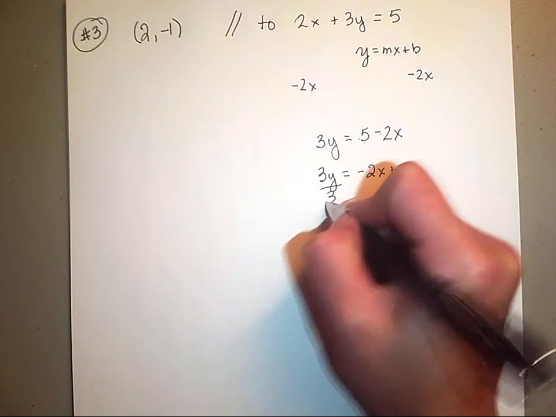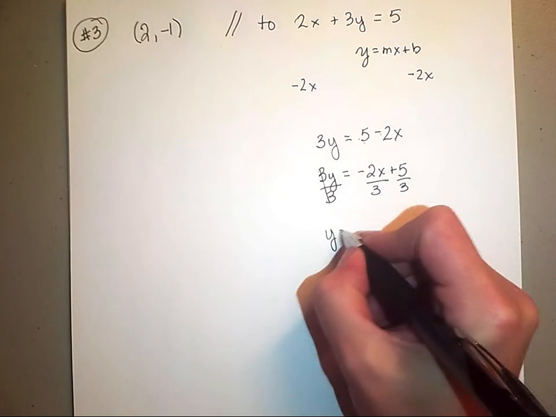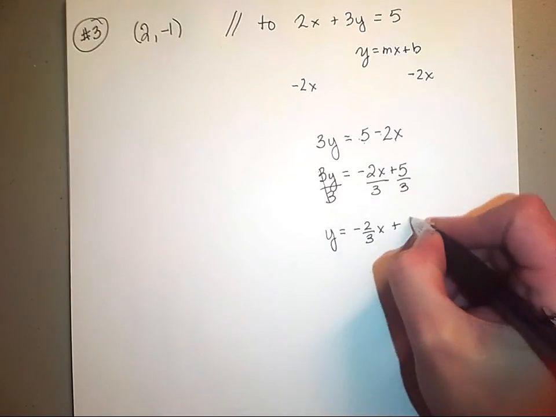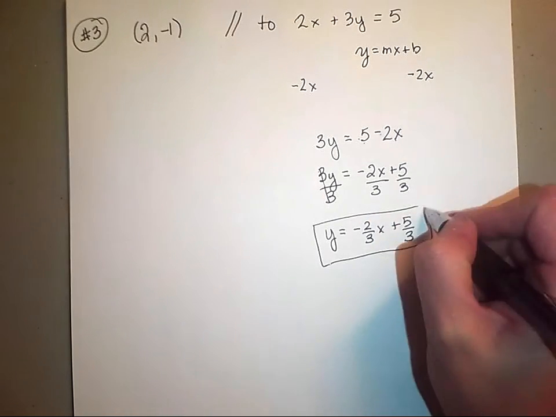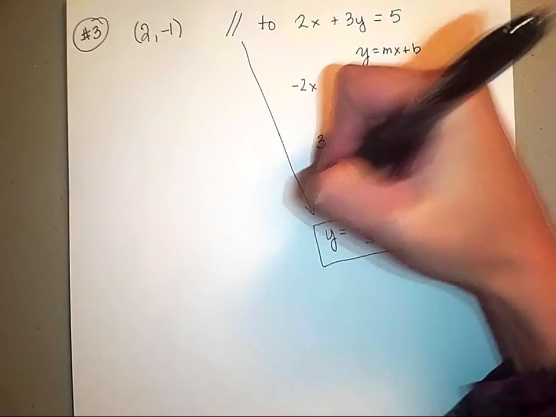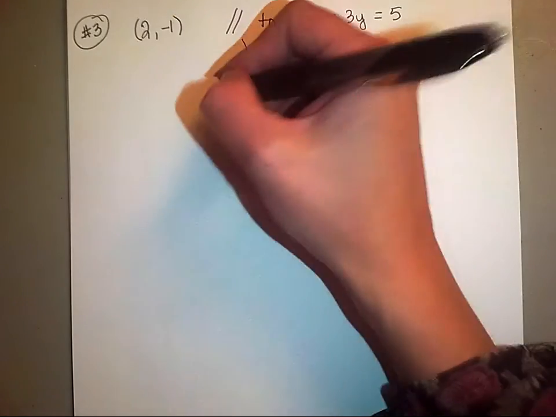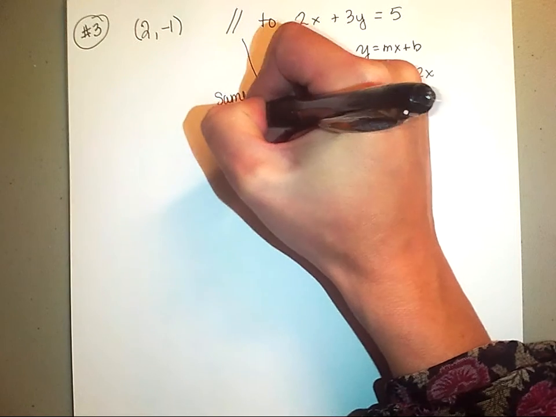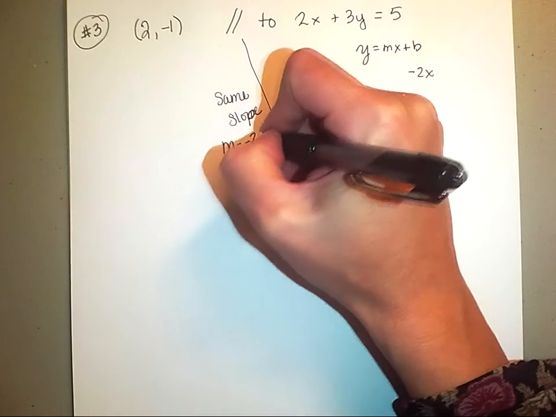We just need to solve for y, so we can divide everything by 3. And then we get y is equal to negative 2/3 x plus 5/3. Now we need to be parallel to this. What does it mean to be parallel? We ask about slope. We'll need the same slope, which is negative 2/3.